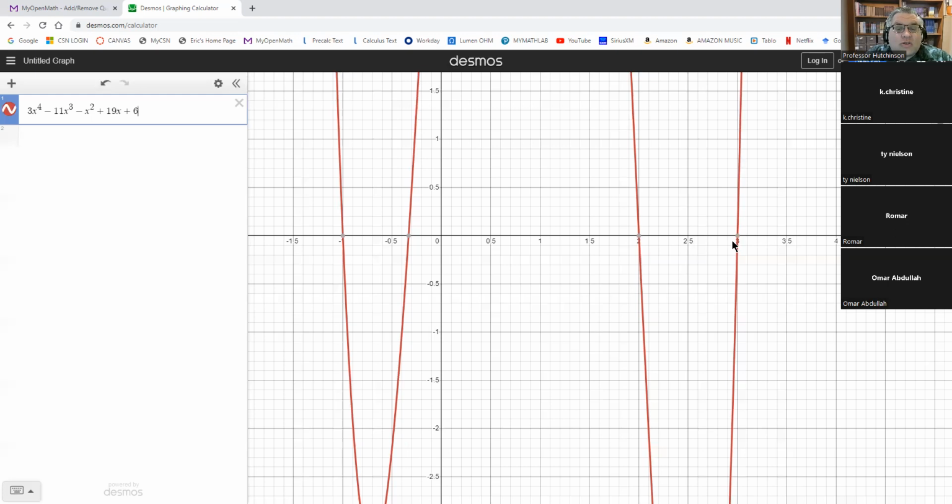What this allows us to do is avoid doing the trial and error checks with synthetic division. There's no need to go through every single one of those and the entire list when we can use technology instead. So from this, our function crosses at 2 and 3. So let's jump back to the notes.